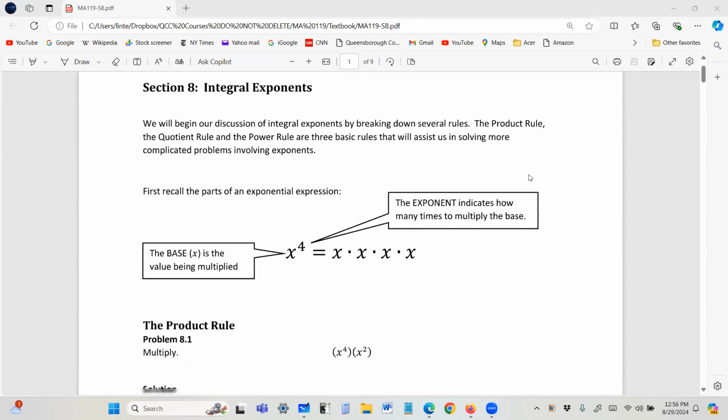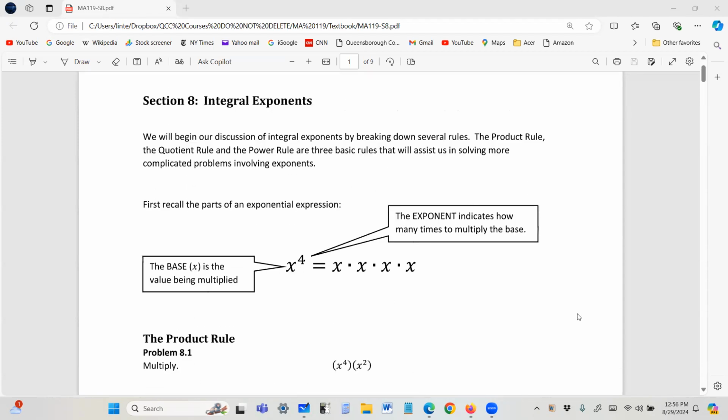So before we begin, take a look here at x to the fourth. The variable x we call the base, and the number 4, which is raised and to the right of the variable, is called the exponent.